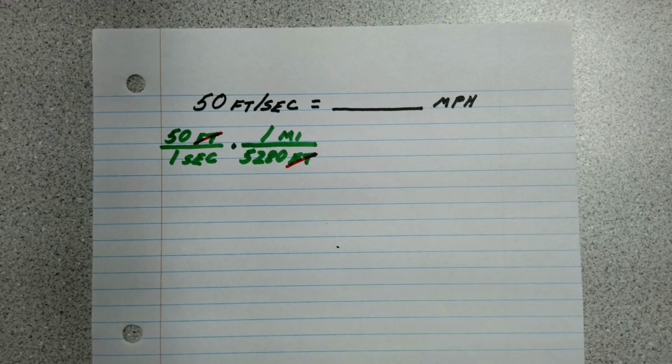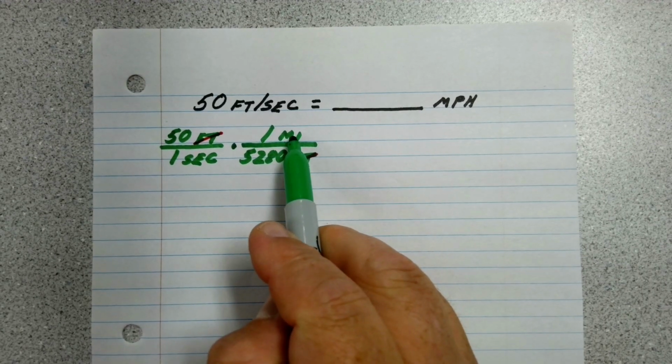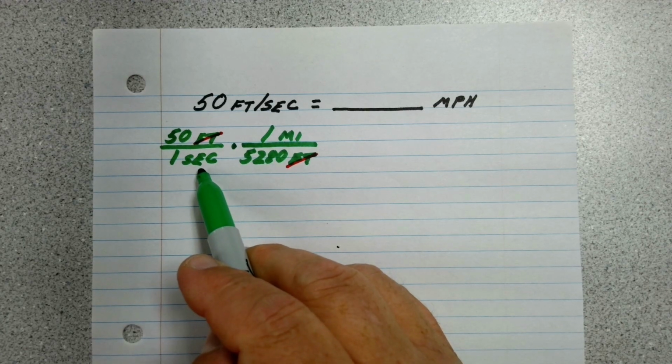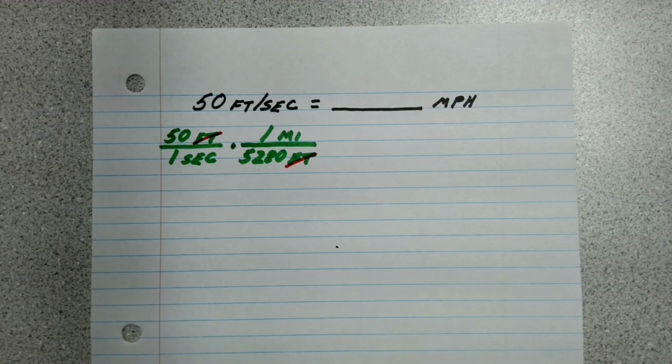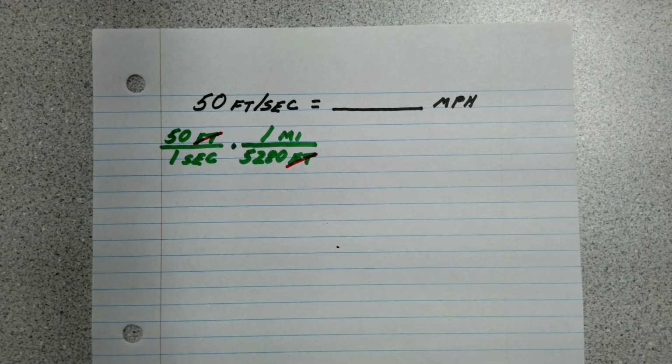All right. So we have miles. We need miles. We have to get rid of seconds. So let's do this in a couple different ways. Does anybody know how many seconds are in an hour? Because if you do, you're going to save us some time. 3,600 is correct.